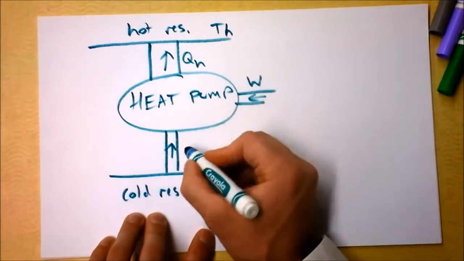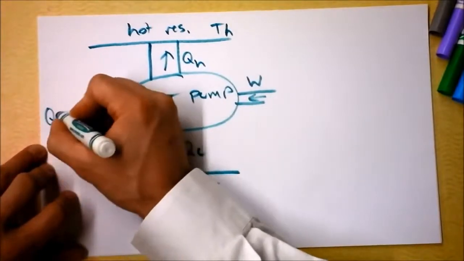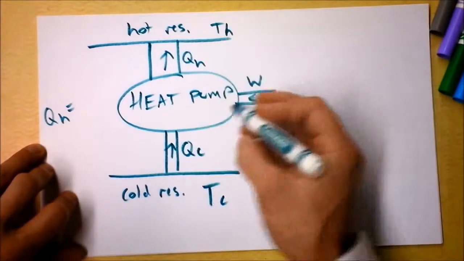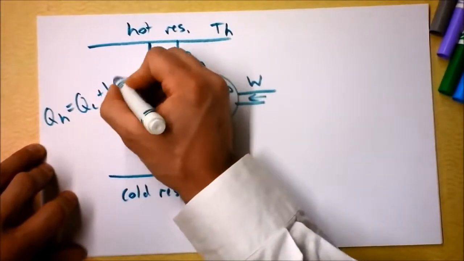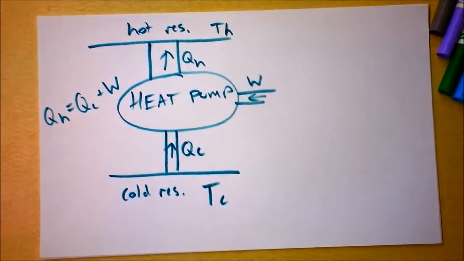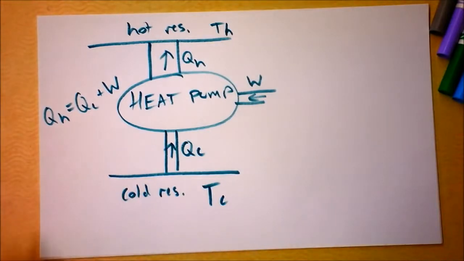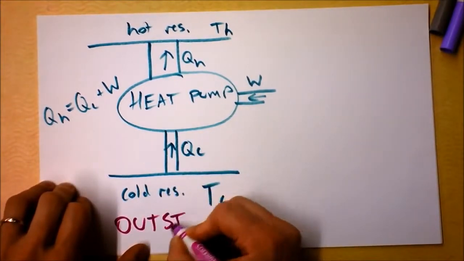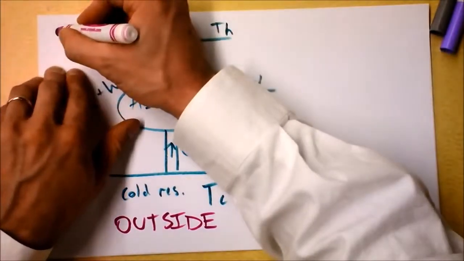And again, we can make the same statement of energy conservation that says QH is, well, that's the heat that's leaving the engine, so I guess we're going to have some QC coming in and some work going in. So my point is, this cold reservoir in a heat pump is the outside air. On a cold day, you're taking heat from the outside and bringing it into your house.